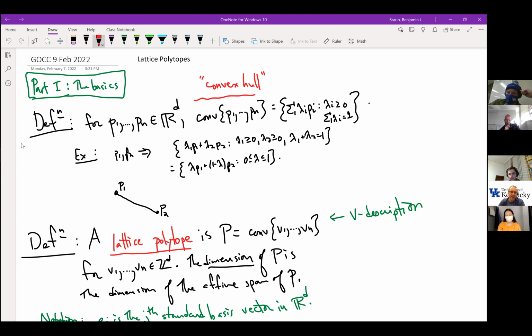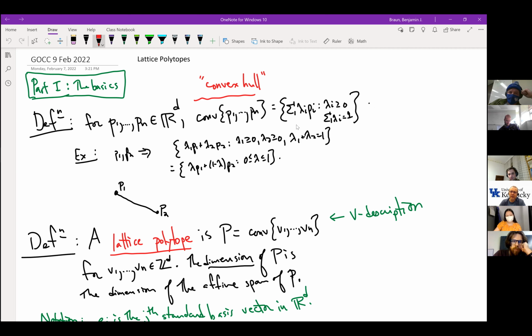So first of all, if we're going to talk about lattice polytopes, which is what I want to talk about, we need to talk about convex hulls. The definition of a convex hull is: if you have n points in R^d, so that's P1 through Pn in R^d, the convex hull of P1 through Pn is given by the set of all linear combinations, sum of lambda_i P_i, where we have non-negative real coefficients, and the sum is equal to 1.